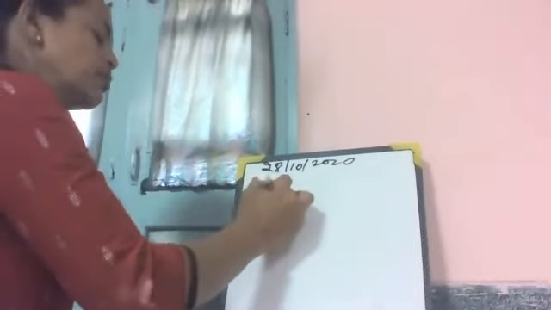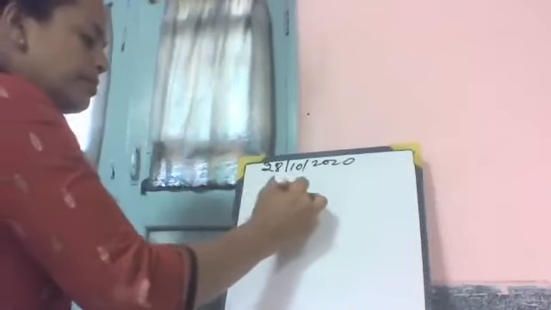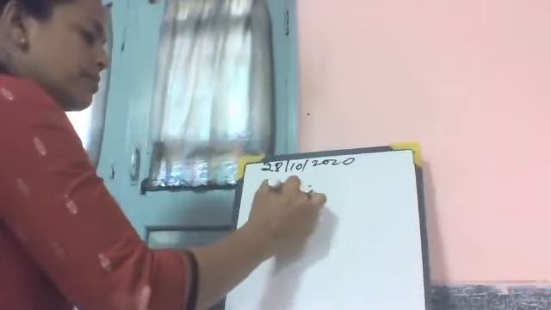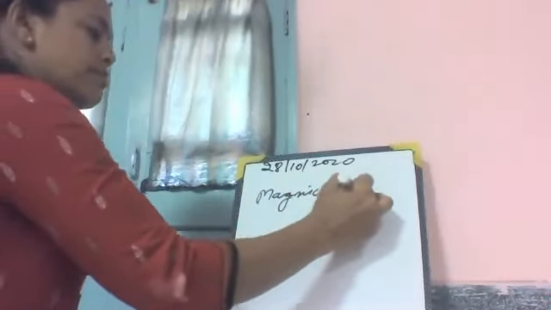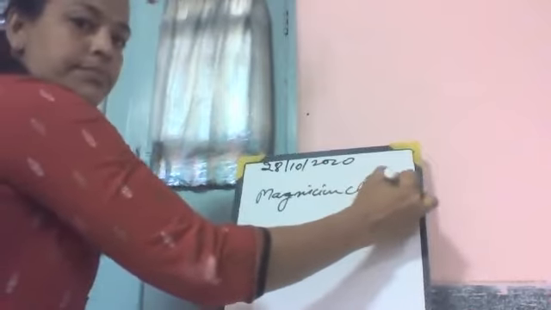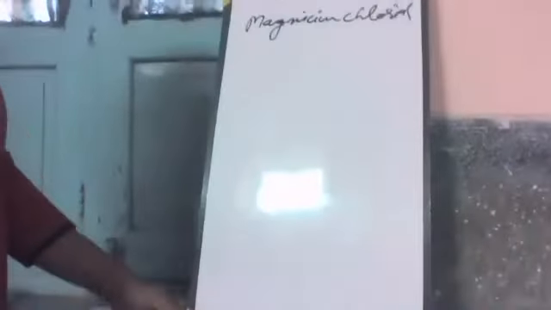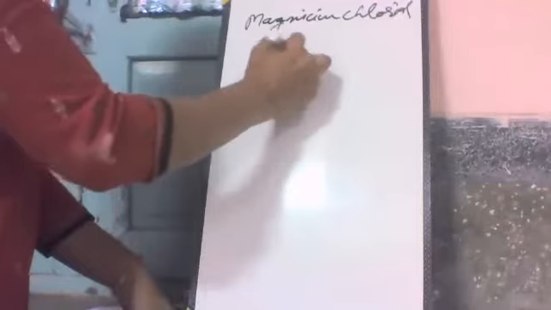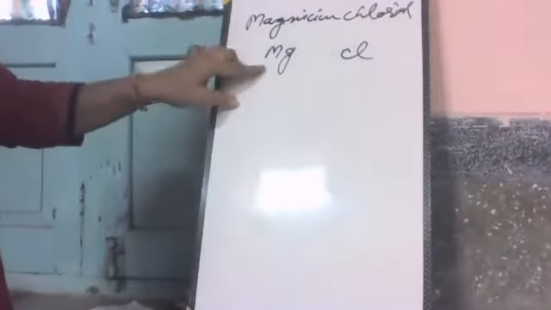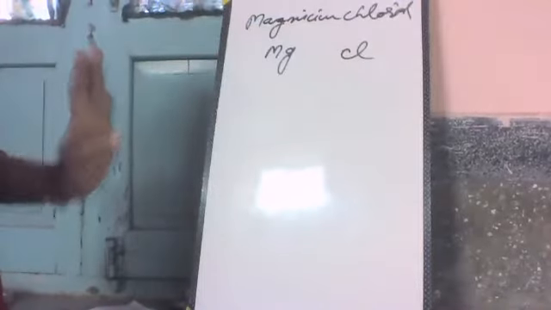Here are some steps. First, suppose you have to write magnesium chloride. First, we write the symbols: magnesium Mg and chloride Cl.